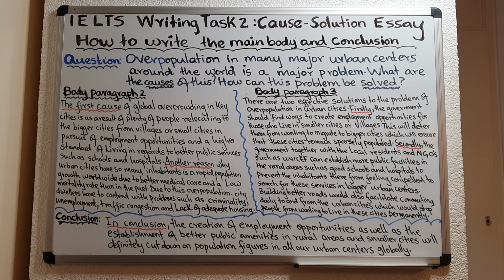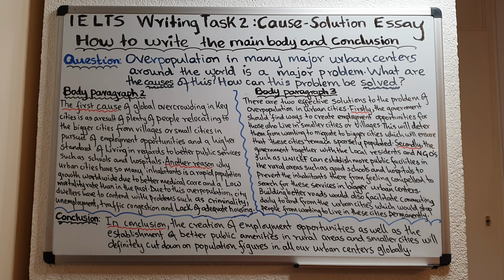To deter means to stop. So this will deter them from wanting to migrate to bigger cities, which will ensure that these cities remain sparsely populated. Now, sparsely populated means the cities will have fewer people.